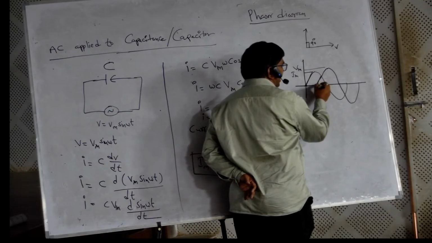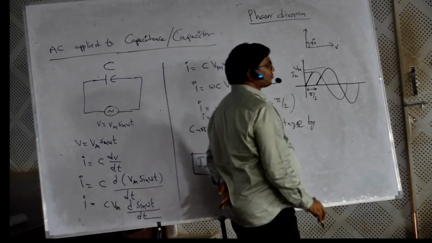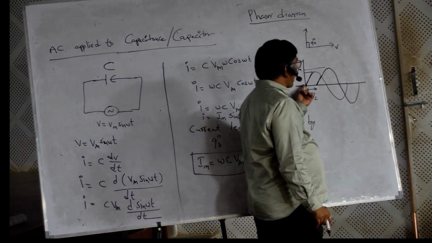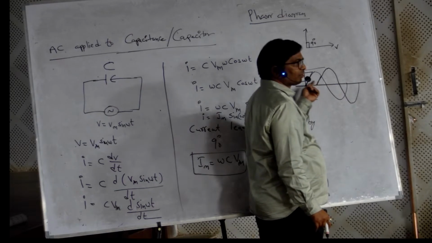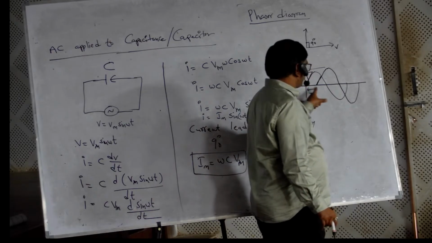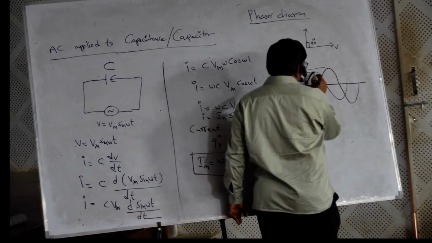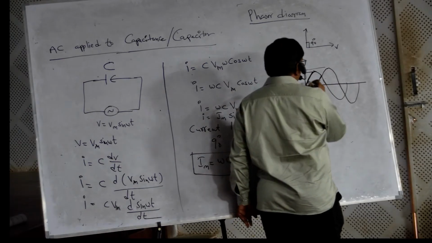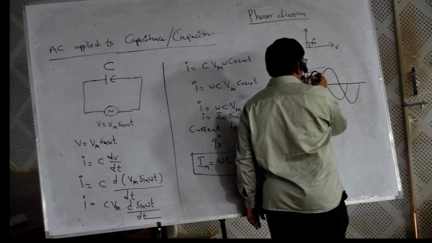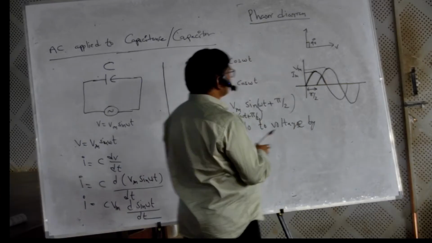Voltage is late by 90 degrees. So the current leads the voltage, leading first by 90 degrees. This is the waveform. The current value depends on the formula, so you write it like this.